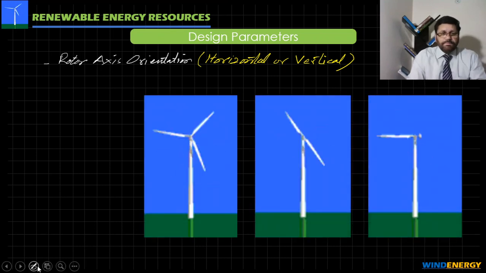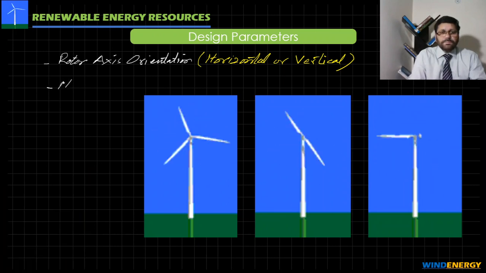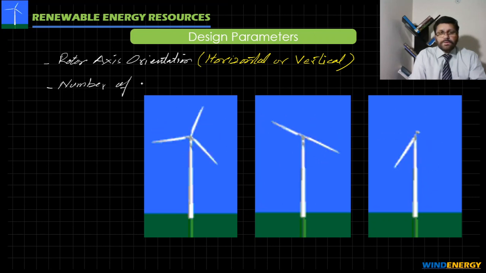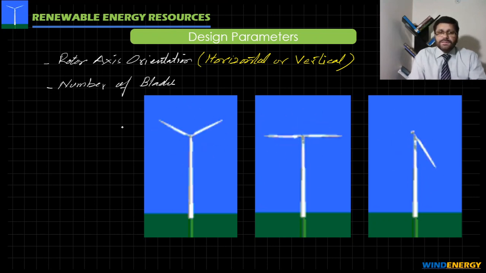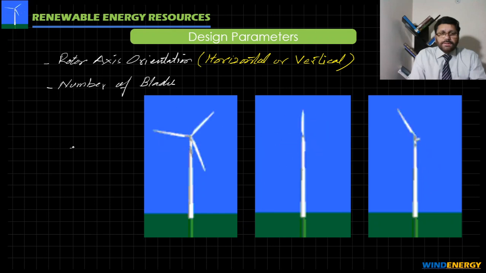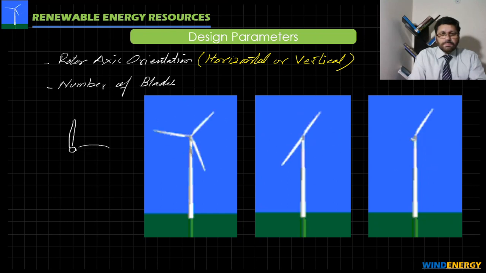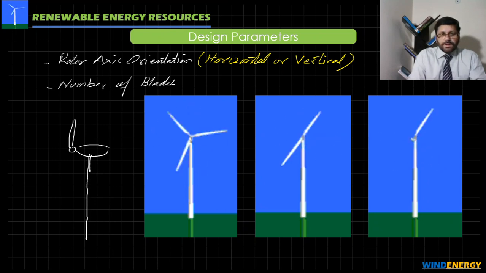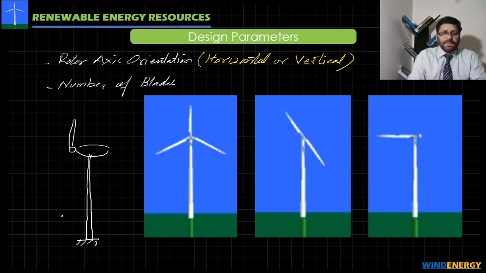Now next is the number of blades. For the wind turbine, you may consider a one blade turbine like this. Let's say this is the tower of the turbine and we are considering one blade.